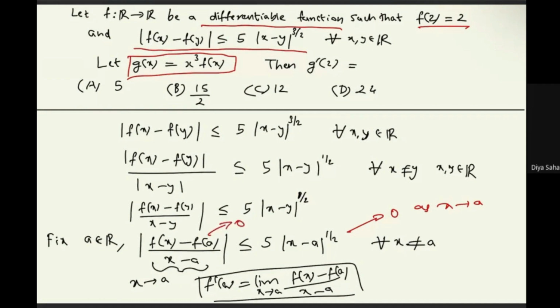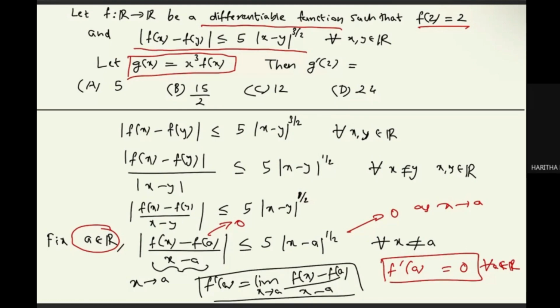Here a was arbitrary, so whatever a I take, I am getting f dash a is 0. So this function has the property that the derivative is 0 everywhere, which means it is a constant function.